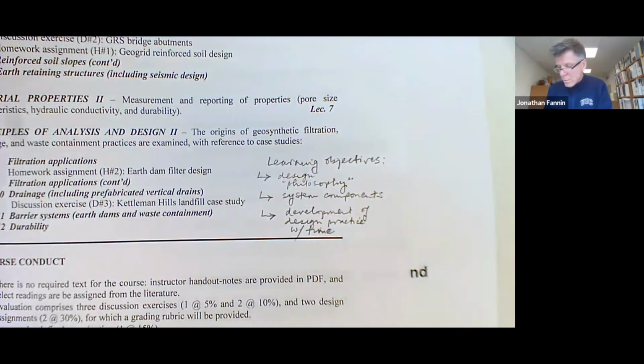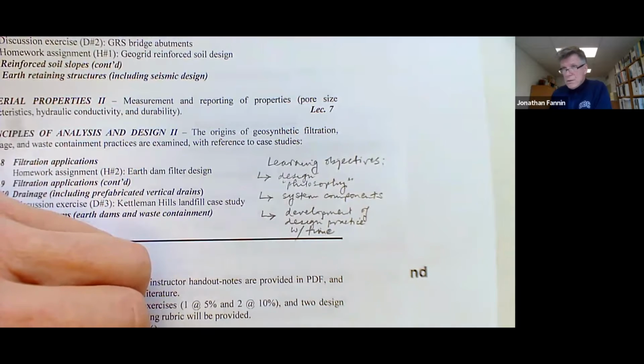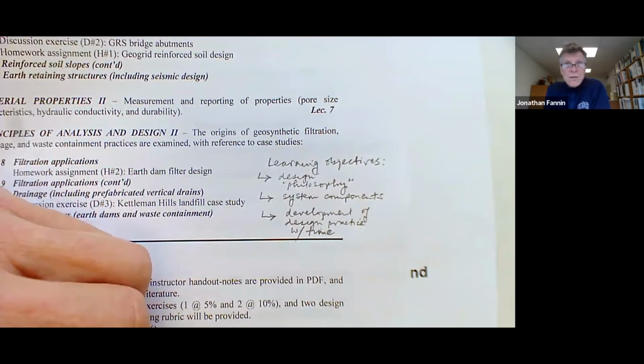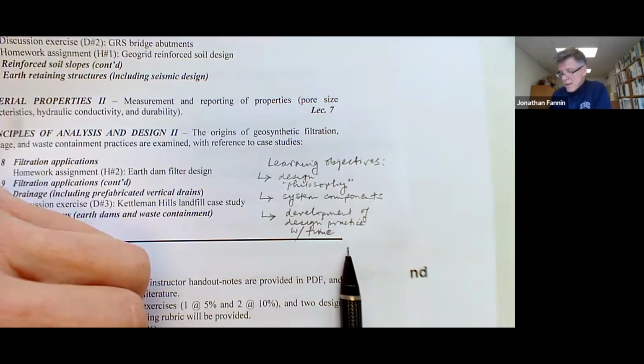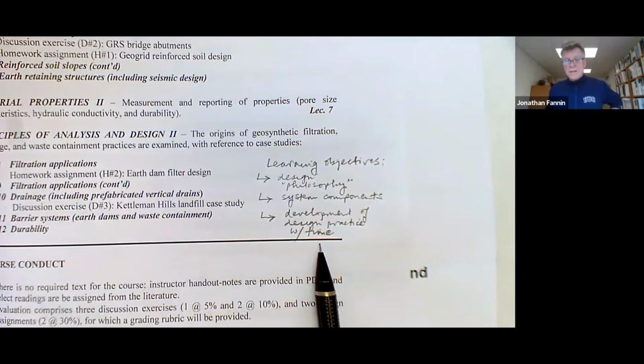this again is where the discussion exercise will come in. To what extent does the work of Stark and Choi, for example, referencing back to the Stark and Popple body of work, to what extent does that influence the way we think, and should it or should it not advance design practice?